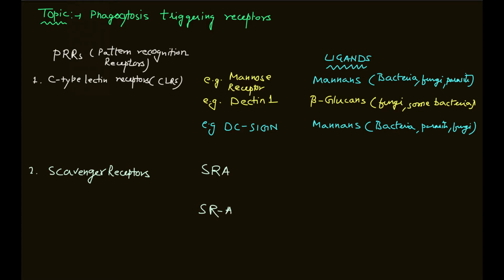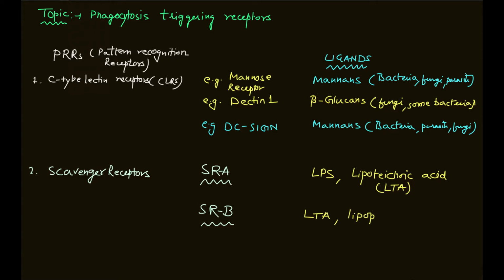For SRA, you have ligands which are LPS, lipoteichoic acid (LTA), LPS being lipopolysaccharide, lipopeptides, beta glucans, as well as diacylglycerides. So these are the ligands for Scavenger receptors, SRA and SRB.